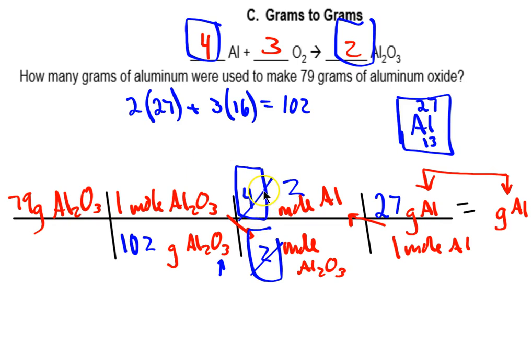I just reduced them. It's like a fraction. 4 over 2 is the same as just 2 over 1. So hopefully we got 41.8.